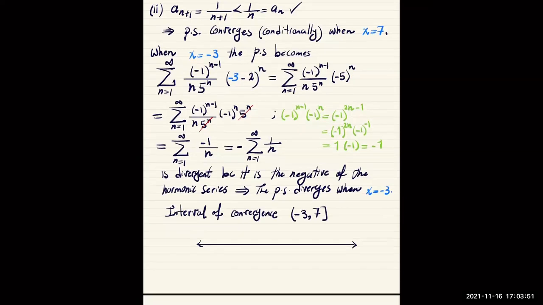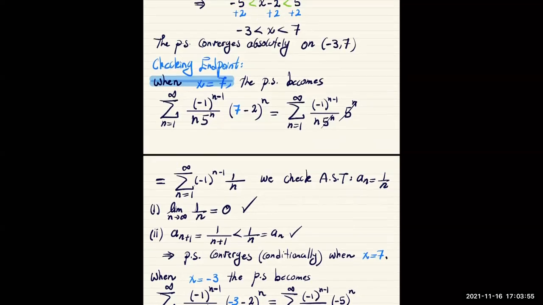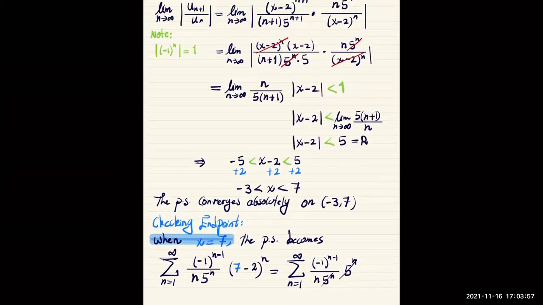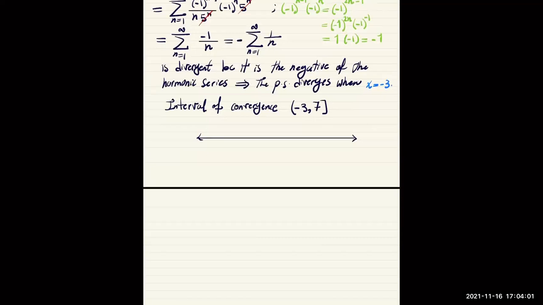So where was the center? The center is at 2. Here is 2. That's c. So go 5 forward, you get 7. Go 5 backwards, you get -3.